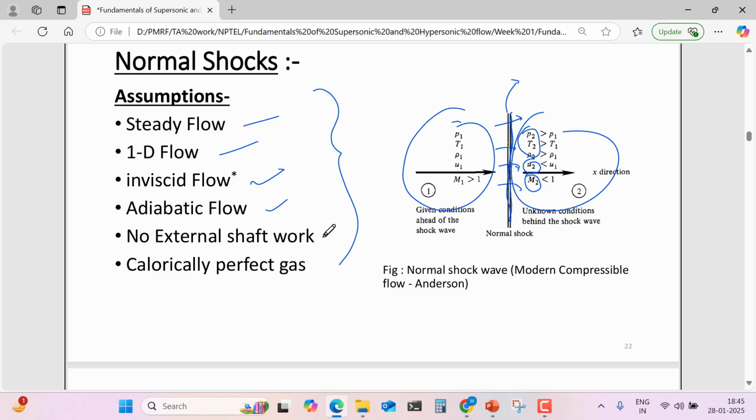We are not doing any external work, and the gas is taken as calorically perfect gas. For finding the governing equations, generally we take a control volume like this around the shock, and apply the governing equations of continuity, momentum, and energy.